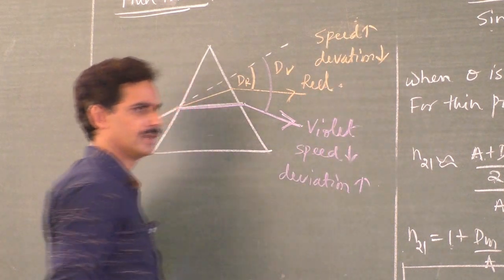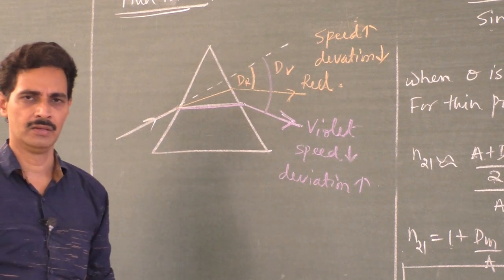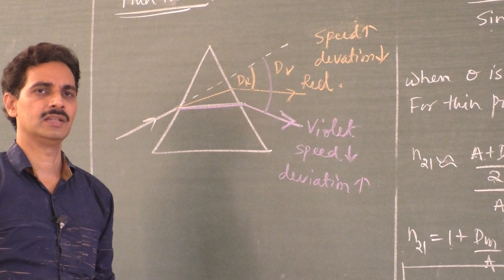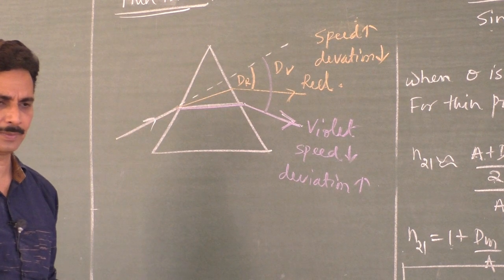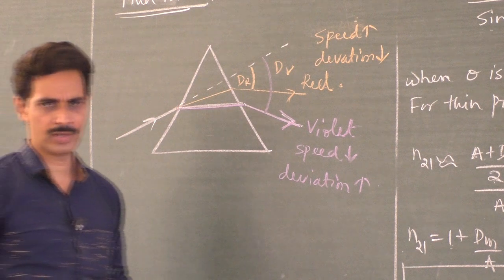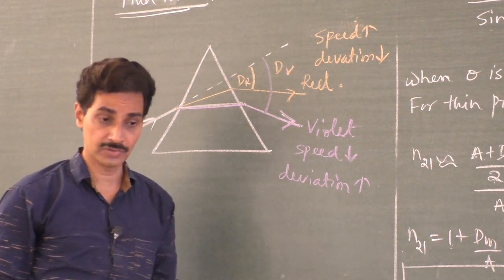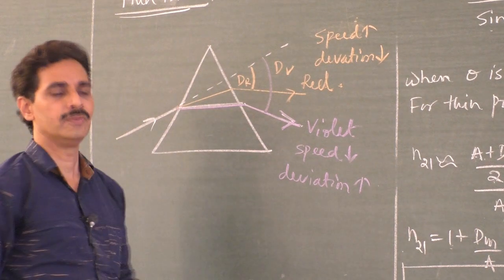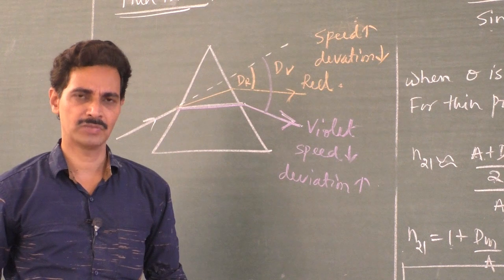It is as simple as, suppose you are moving on a straight road. If you are driving a car, you will move the car at a higher speed, because if it is a straight road, no problem. There is no requirement of centripetal force, and you get enough friction and you move faster. Suppose you suddenly come across a turn. If it is a small curve, you will cut down the speed to a small extent.